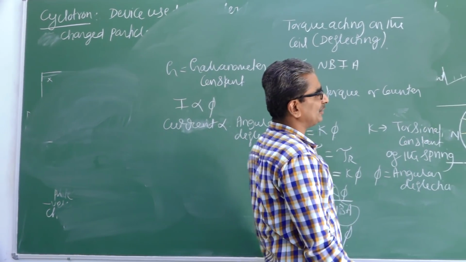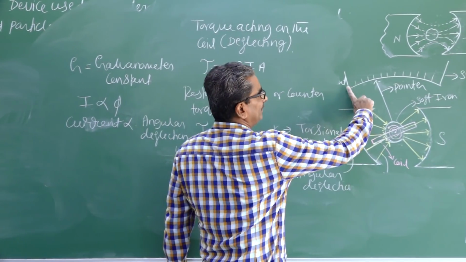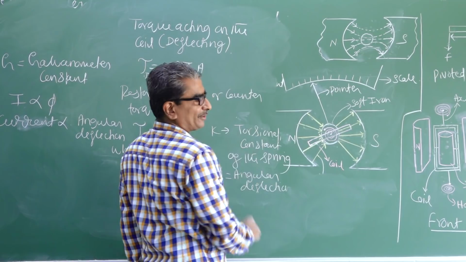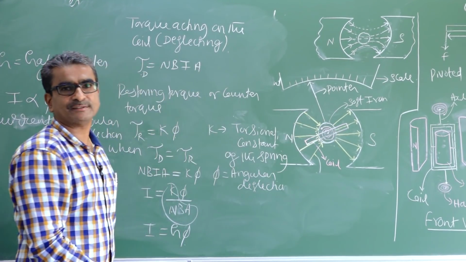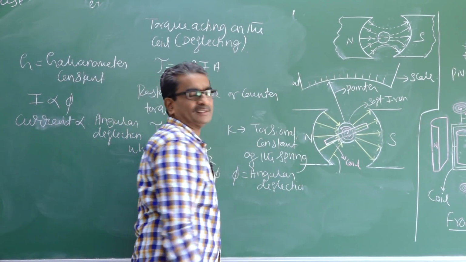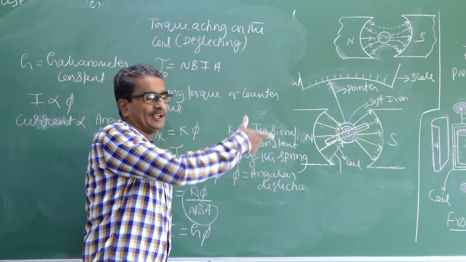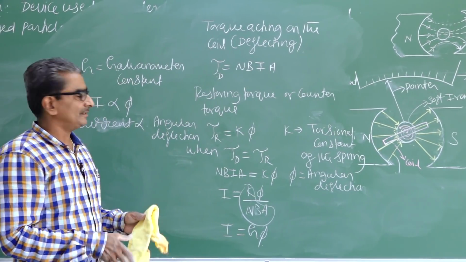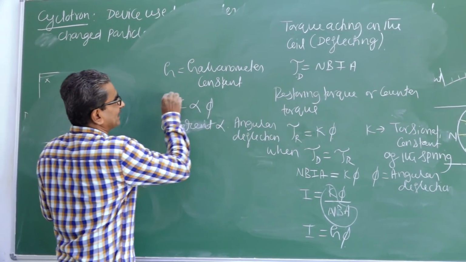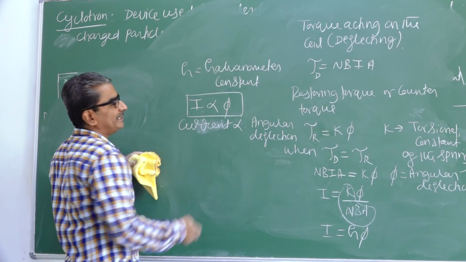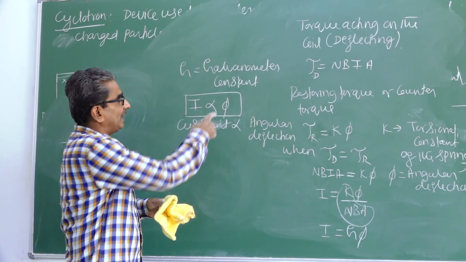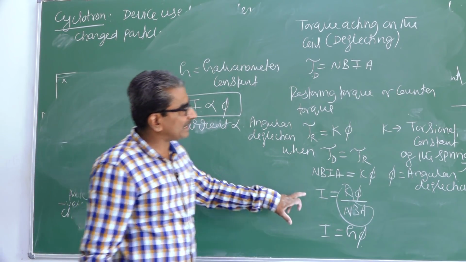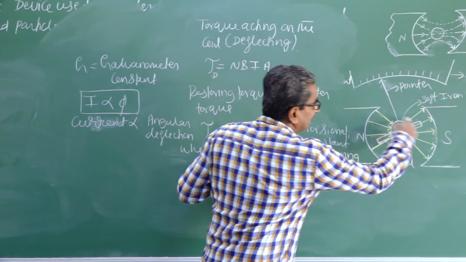I already told you, suppose if you pass 1 microampere, the coil may deflect by 1 degree. If you pass 2 microampere, the coil may deflect to 2 degree. If you pass 3 microampere, the coil may deflect by 3 degree. We can calibrate in any manner. So current is directly proportional to the angular deflection. This is all about the expression for the current that flows through the coil.